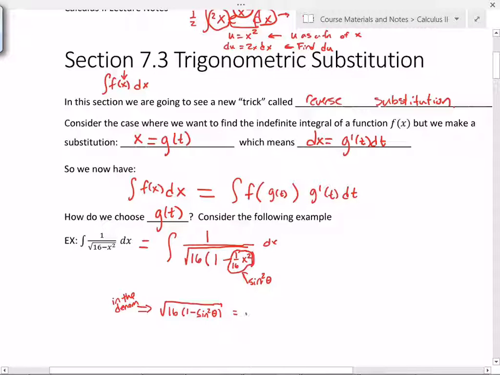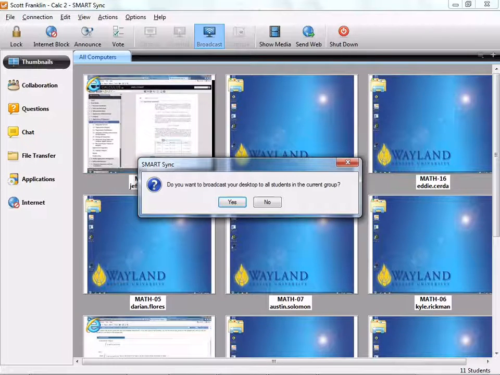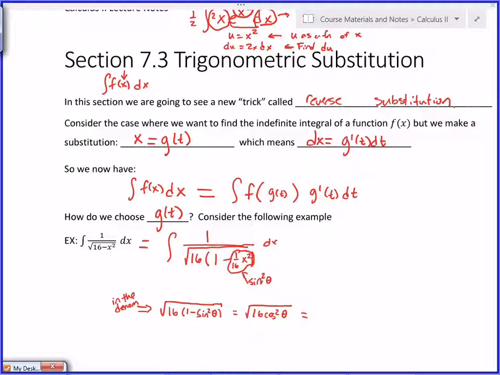It's cosine squared. So I've got the square root of 16 cosine squared of theta, which is, oh, I'm sorry. Yes, absolutely. My bad. Square root of 16 cosine squared. 4 cosine. Which is nice and pretty simple in the denominator. So that would work if 1/16 x squared was sine squared of theta.